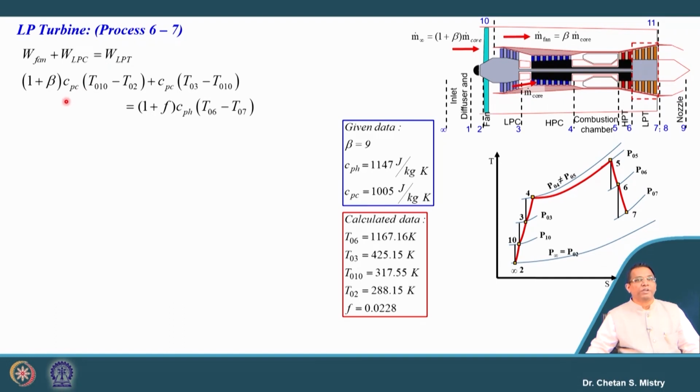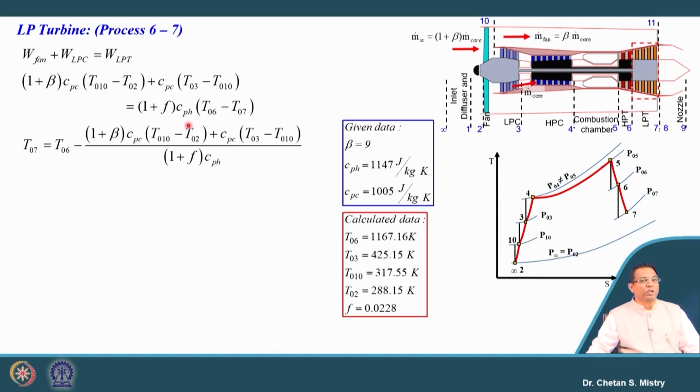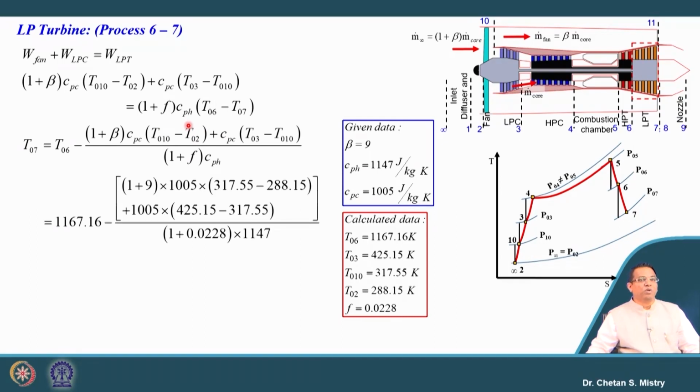It says (1 plus beta) Cp (T010 minus T02). This is representing my LP compressor work, and this is representing my LP turbine work. Be careful, again, if nothing is mentioned about bleeding, do not try to put in the bleed equation, otherwise the answers will go wrong. If this is the case, we can calculate the exit temperature from the LP turbine, and it comes to 823.12 Kelvin.